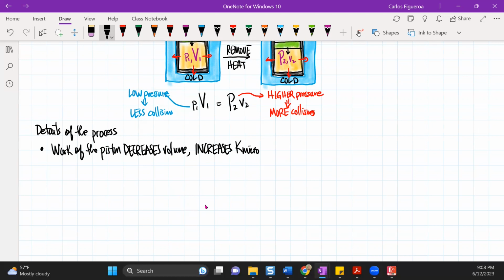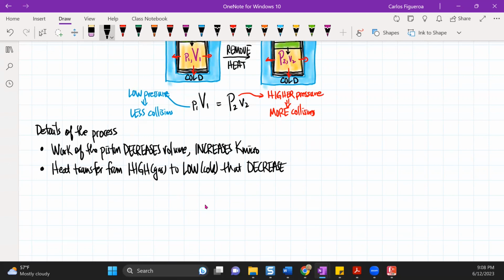But in order to keep the temperature constant, heat transfers from the high, which is the gas, to the low, which is the cold source, that decreases K micro. Once again, I have that balance.